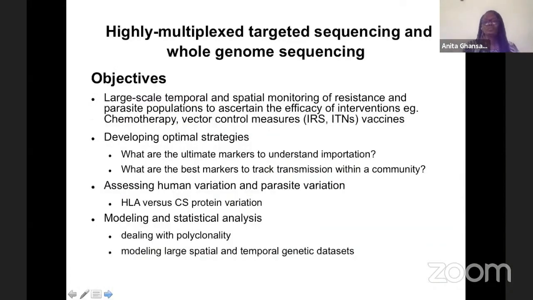Now, specifically, we are doing highly multiplexed targeted sequencing and whole genome sequencing. Our objective is to develop optimal strategies that we can use to look for markers that will help us understand importation, because when we are eliminating malaria, we want to see which markers are coming into the population.